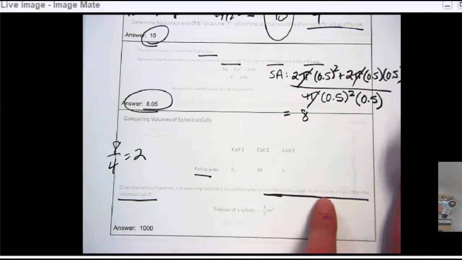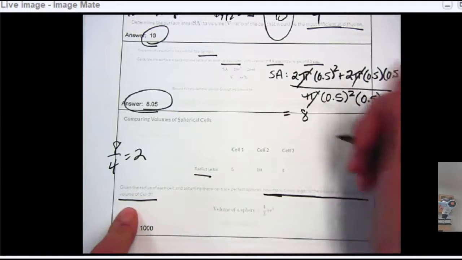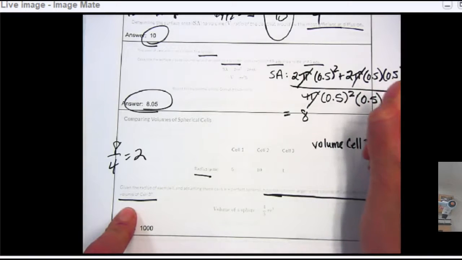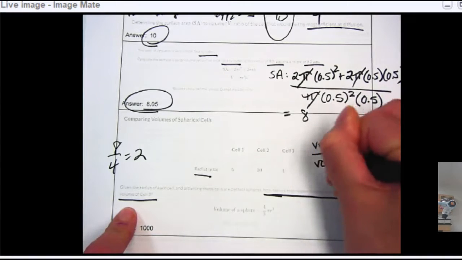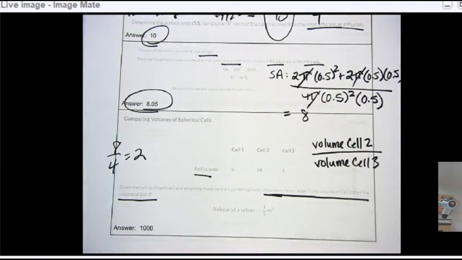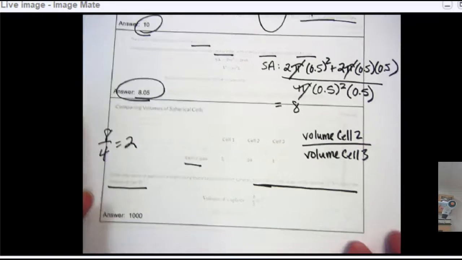So we want to know how much larger is the volume of cell 2 compared to cell 3. I want to take the volume of cell 2 and divide it by the volume of cell 3. And that's how we would figure out how many times larger the volume would be.